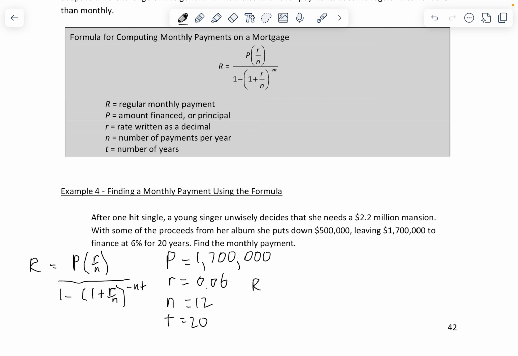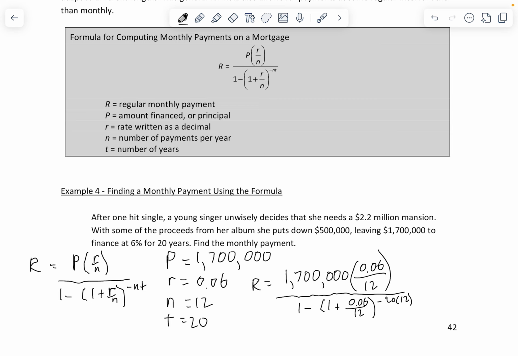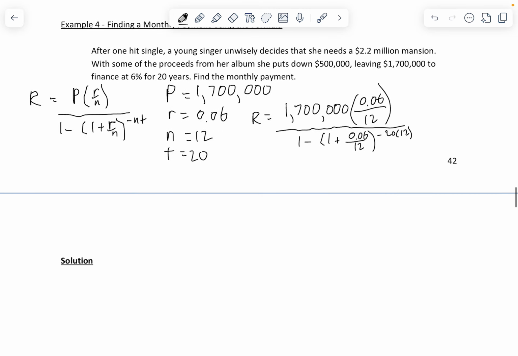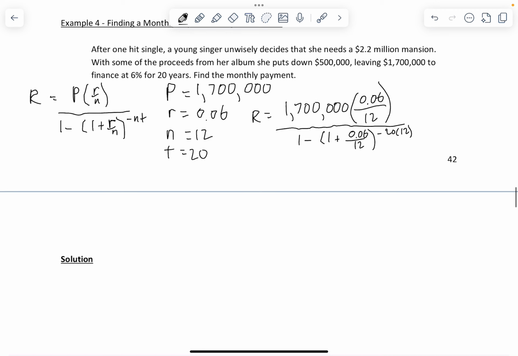Okay, so if I plug all these numbers in, I get 1,700,000 times r over N, which is 12, divided by 1 minus 1 plus 0.06 over 12, raised to the power of negative 20 times 12, okay? I'm going to come down here to work out the rest of this.